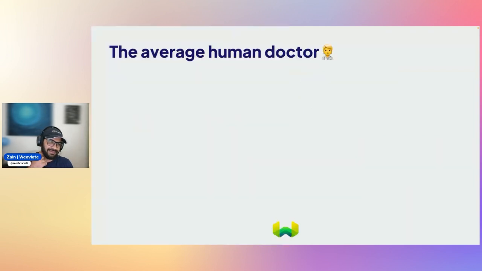RAG is a very nebulous term; it sounds a lot more difficult than it is. So I'm just going to ground my talk in this one example. Think about an average human doctor, and we're going to try to build a RAG pipeline that emulates or assists a human doctor.